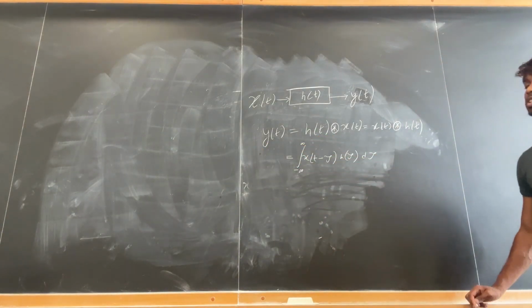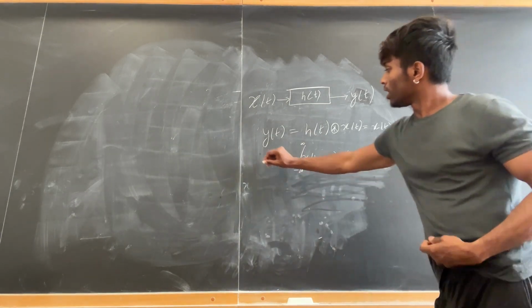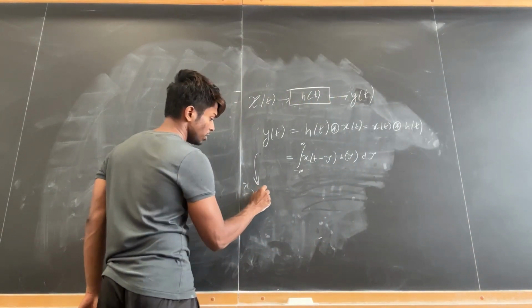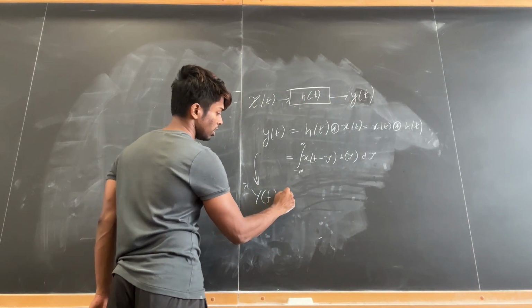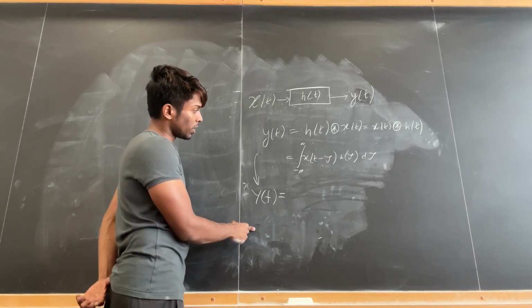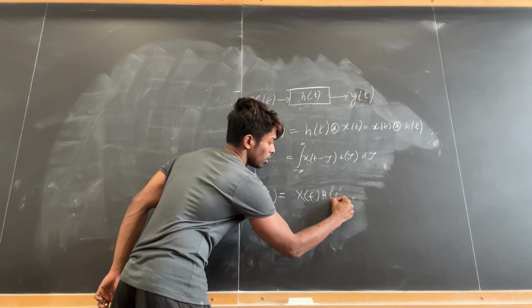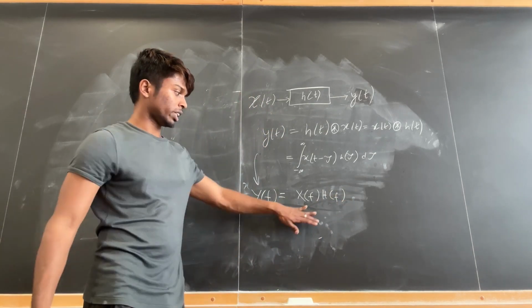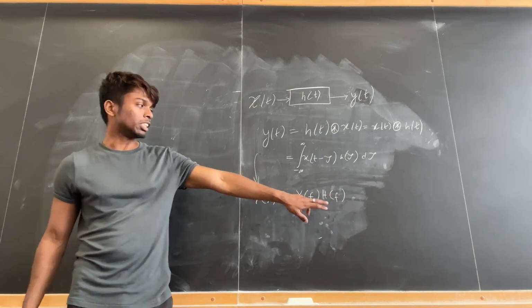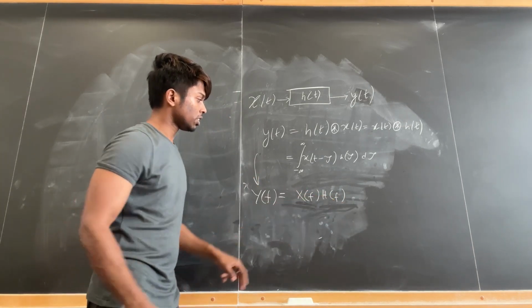Now if we use the convolution property of Fourier transform, we can easily say that the output response of the system, the frequency response basically Y(f), the Fourier transform of the output y(t), is equal to X(f) times H(f), where X(f) is the Fourier transform of the input x(t) and H(f) is the Fourier transform of the impulse response h(t). So the Fourier transform of the impulse response is called the frequency response of the system.